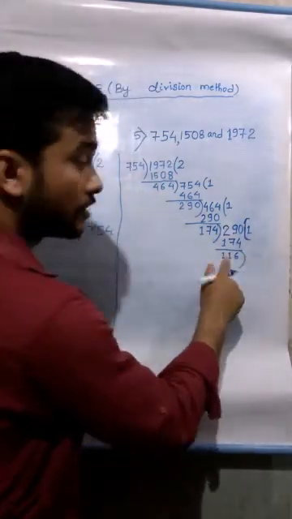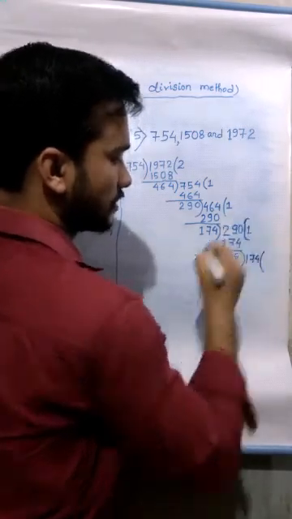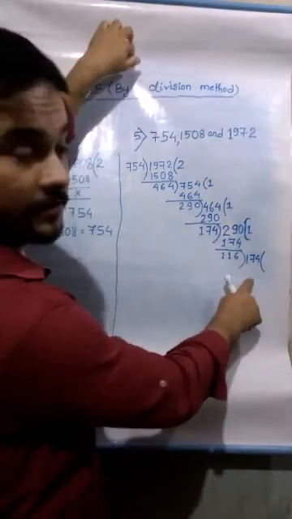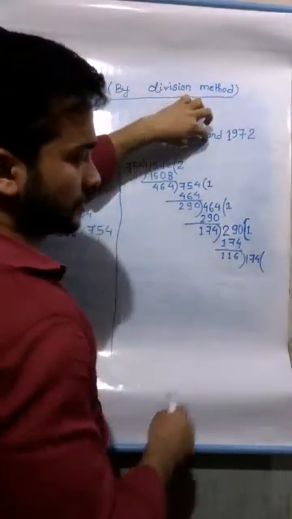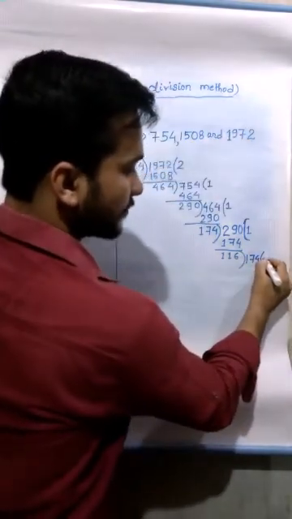174, as the remainder is not 0. So it will be divisible with which number? 116 and 174. So see this. 116, 1s are 116.